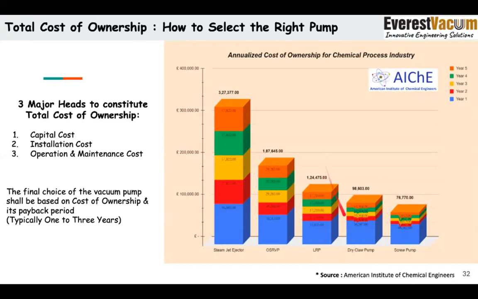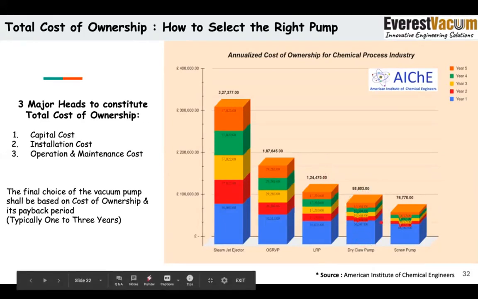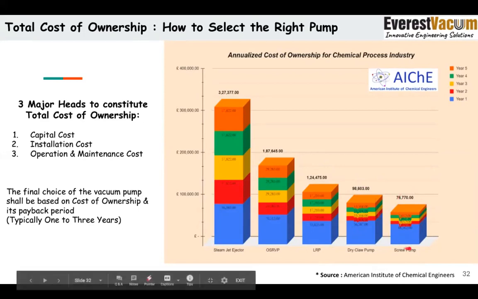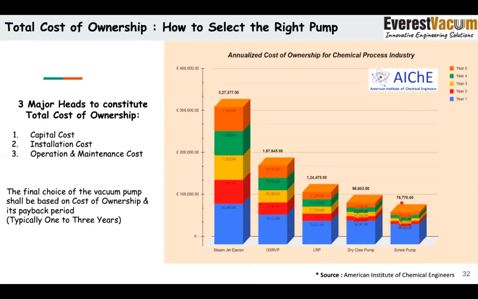Then comes the dry claw vacuum pump, where the cost of ownership comes to $98,000, and then the dry screw vacuum pump, where the total cost comes to about $76,000 over a period of 5 years. So from 3.27 million versus $76,000, that is the effect that you can get over a period of 5 years.